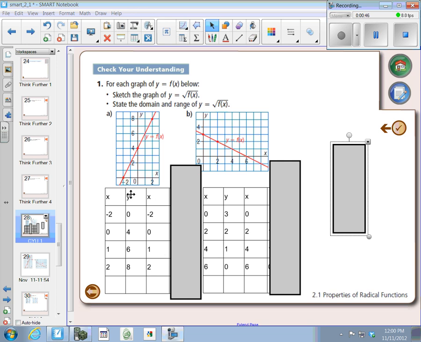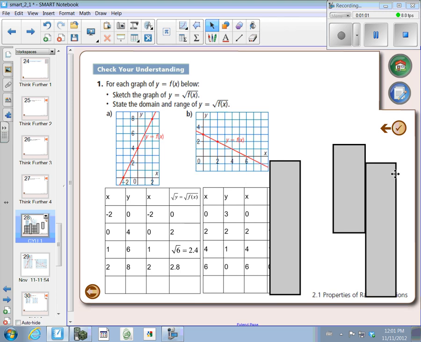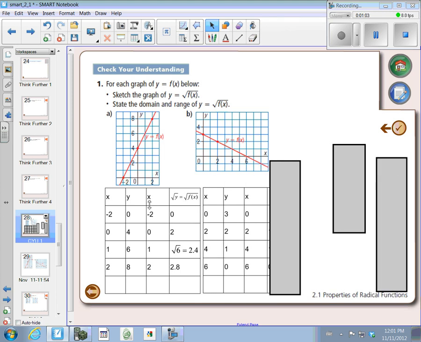A lot of the times you want to pick values where the y value is a perfect square, which will make the square rooting step quite a bit easier. So notice here, I'll move my gray bar. I have taken the square root of the y value: square root of 0, 0; square root of 4, 2; square root of 6, 2.4; and square root of 8, 2.8.